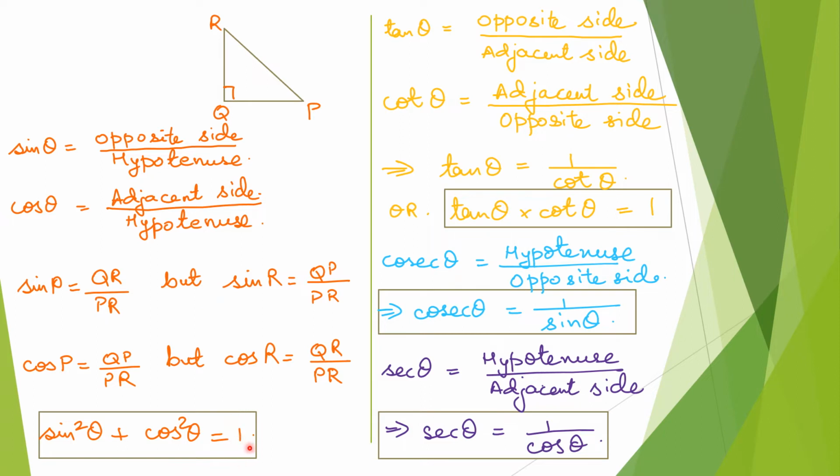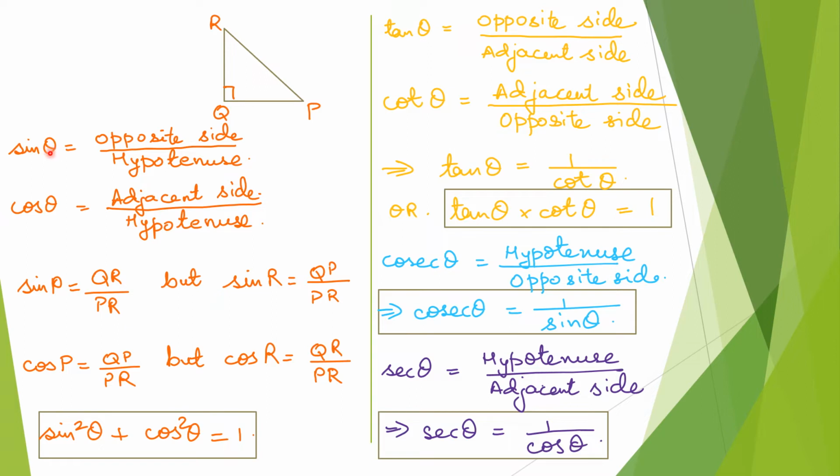I have written this over here only because you already know all this and I have not actually derived this identity. This is something that you know by now, and this is just a revision note, only for our recapitulation, that is sine square theta plus cos square theta is equal to 1.